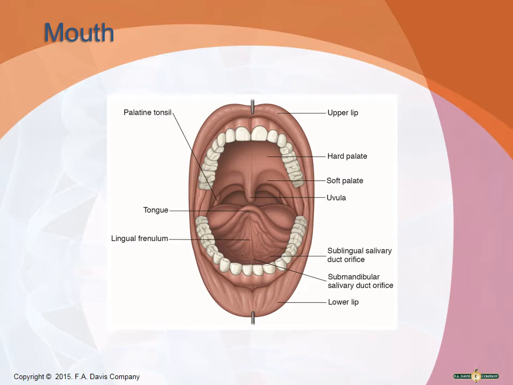That's with our teeth, and our tongue moves things around for positioning. Chemical digestion is in the saliva that gets put into the oral cavity from the salivary glands. It contains enzymes, one of them being salivary amylase, which is used to start the breakdown of sugars and starches.